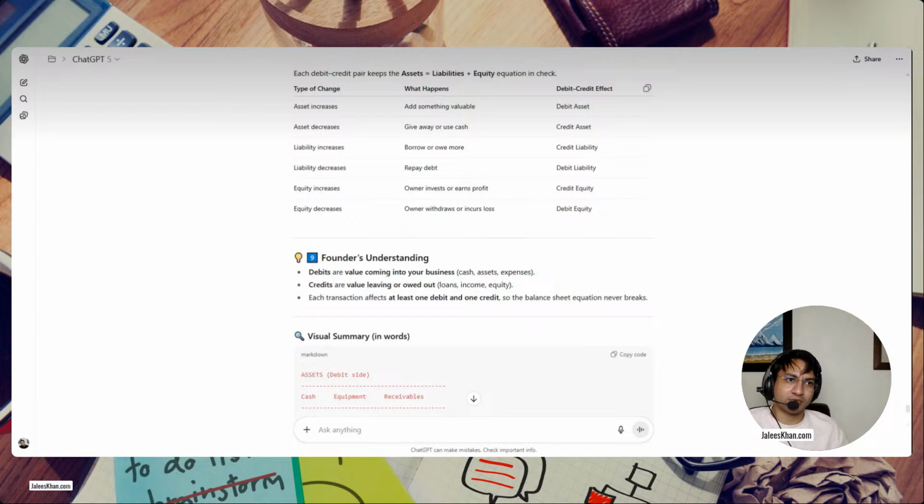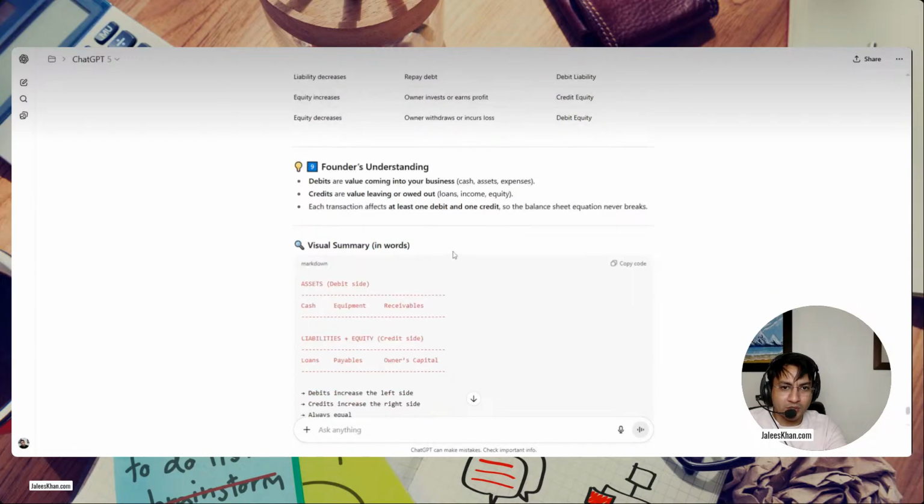I have to ask about it. Why is it like this? I got this point that debits are value coming into your business, credits are value leaving or owed out. It seems like the transaction is happening with respect to the value.